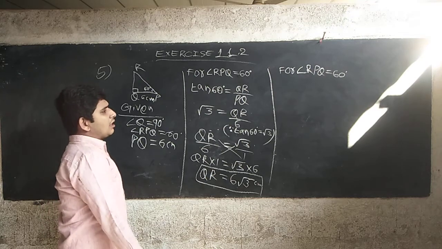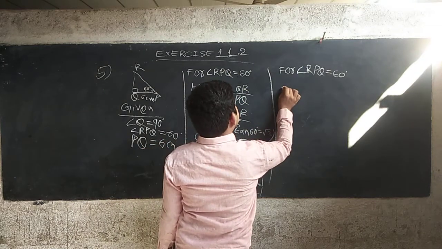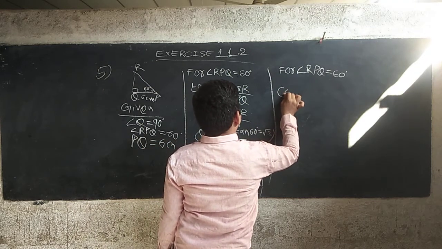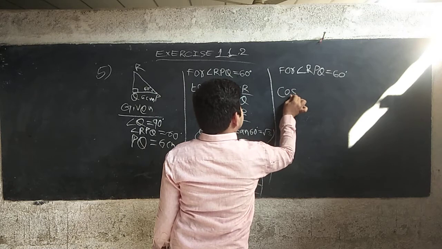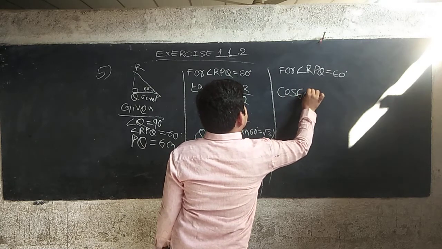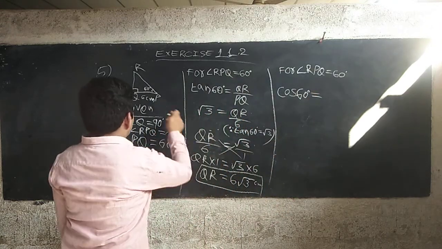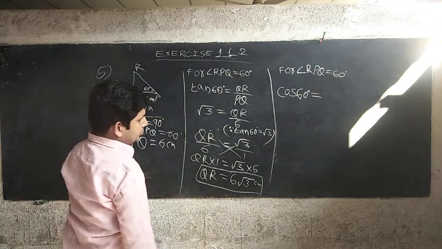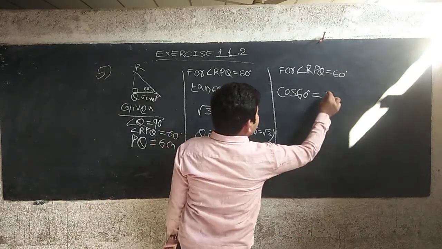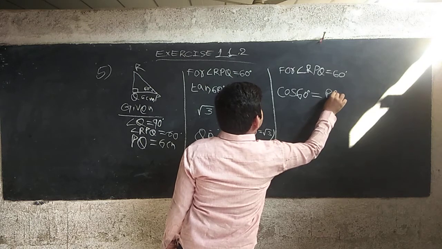So cos 60 degrees equal to adjacent by hypotenuse. What is the adjacent side for angle P? PQ by PR.